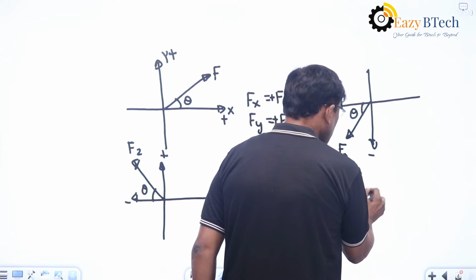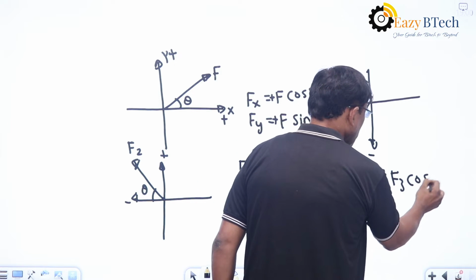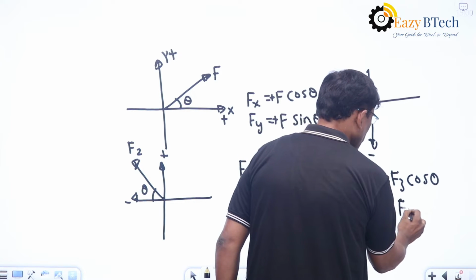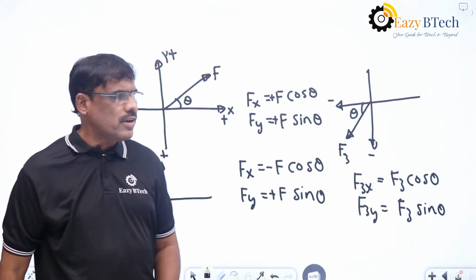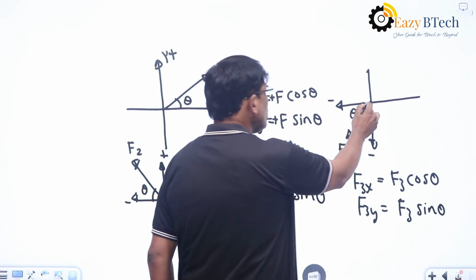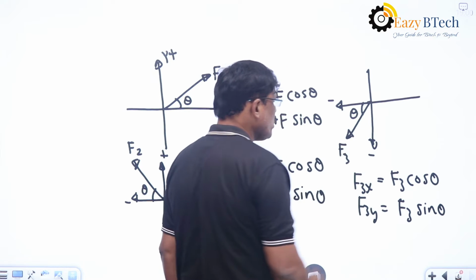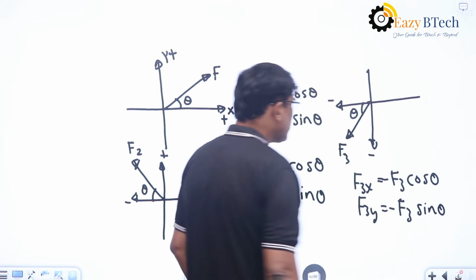Now, F3x is equal to F3 cos theta, and F3y is equal to F3 sin theta. When it comes to the direction, because the x component is towards left and the y component is acting in the downward direction, both are taken as minus here.